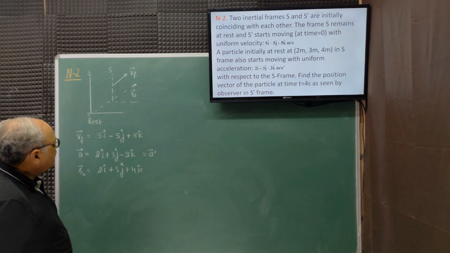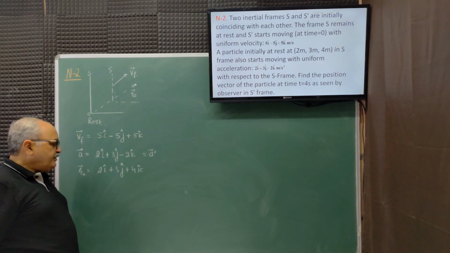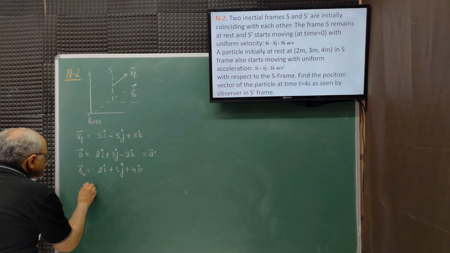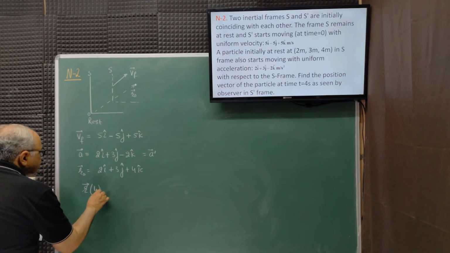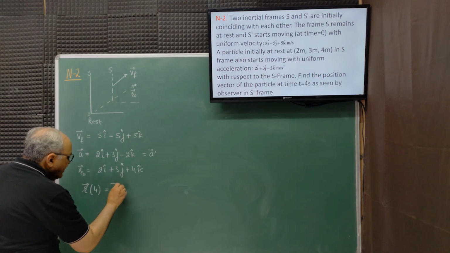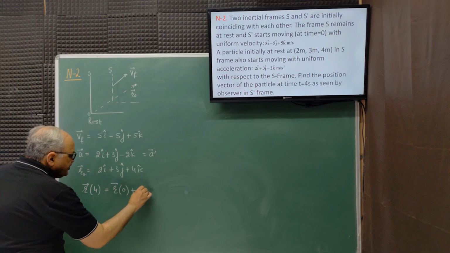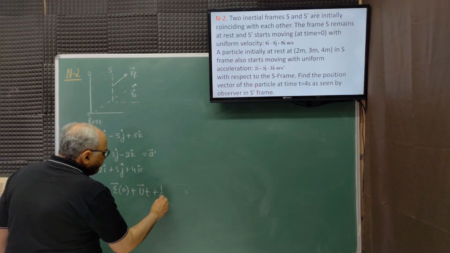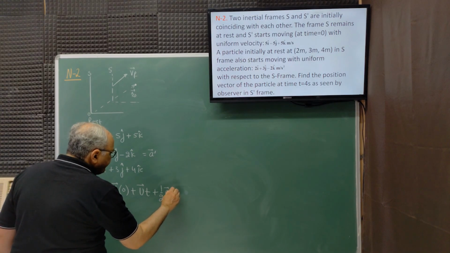Okay. With this information, let's first of all work out the final position at time t equals 4. The formula for this is r vector equals r0 vector plus initial velocity multiplied by t plus half of acceleration into t square.